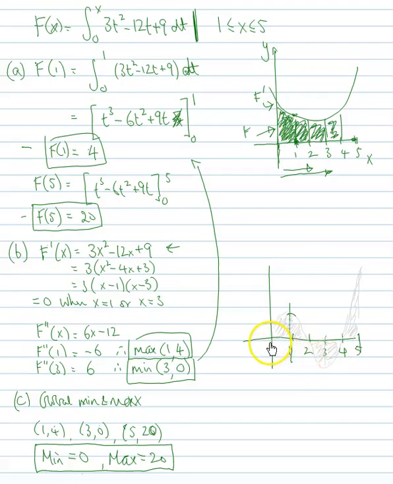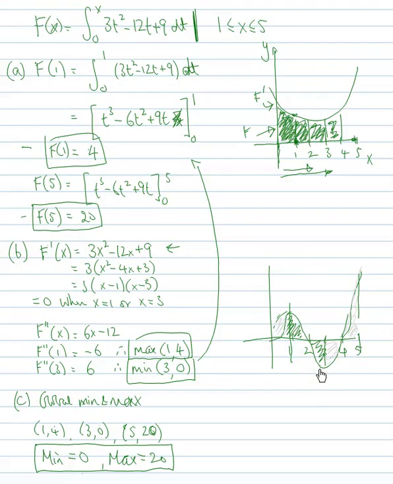I don't exactly know what it looks like, but maybe something like this. At 5 it is going to be 20. So the function at 3 is 0, which means the total area must end up being 0. So this bit here has to cancel out with that bit there to give you a 0.